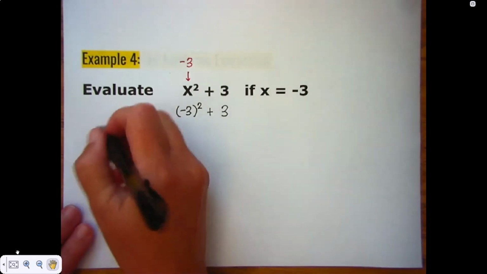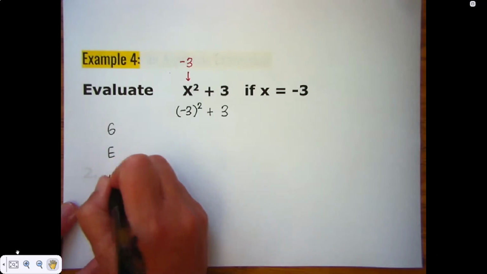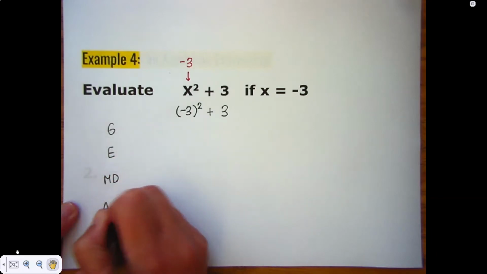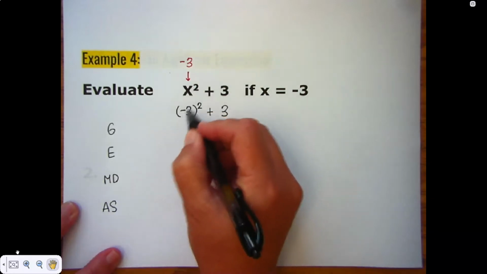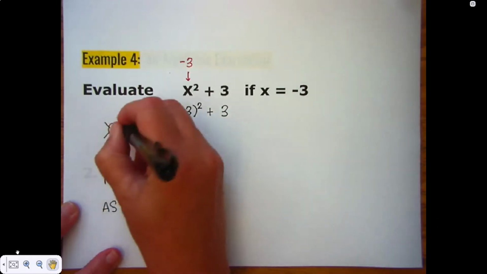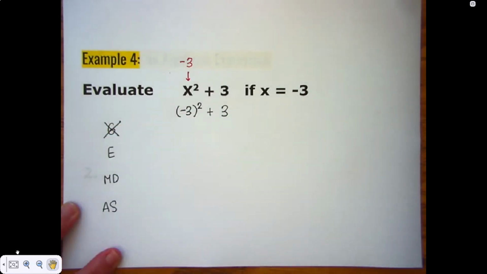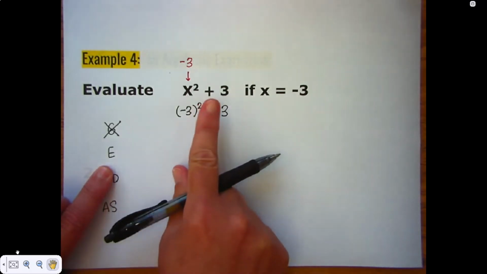Now, to work this out, we're going to use GEMDOS. So does this have grouping symbols? Well, it has a set of parentheses, but inside there's just a number. There's nothing to do. So no grouping symbols. Does it have an exponent? And the answer is yes. I have to do -3 squared.